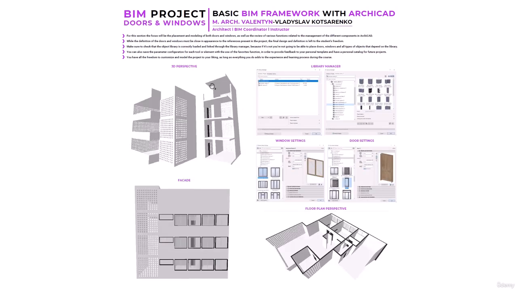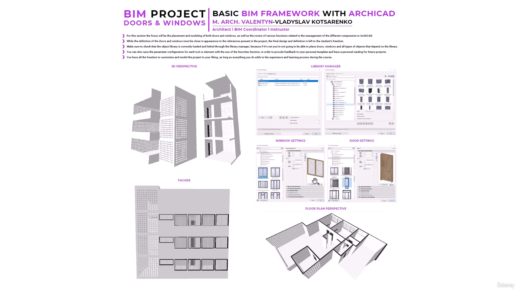Then we continue by detailing the basic volumetry by inserting windows and doors into the project. We also review topics such as the library manager, which is completely required in order to start managing the different components and objects for ArchiCAD.